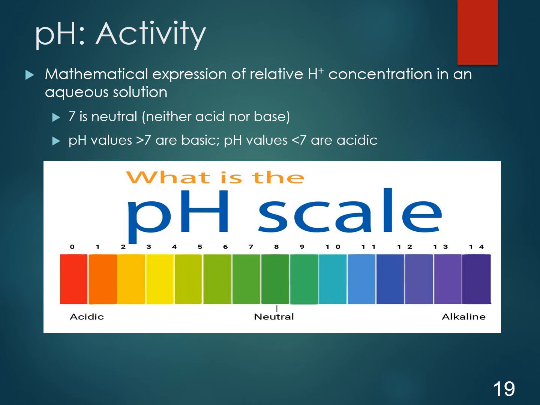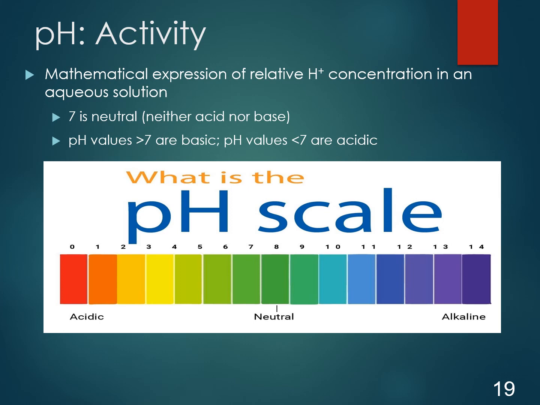Now, if we look at this pH scale, 7 is going to be our neutral zone. So 7 is neither acidic nor basic or alkaline. But as we move down the scale towards 0, our hydrogen ions increase by factors of 10.